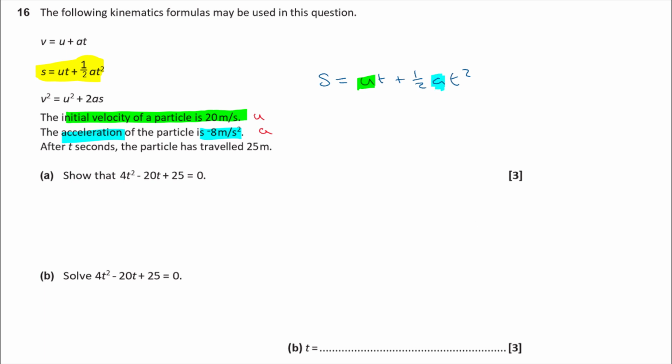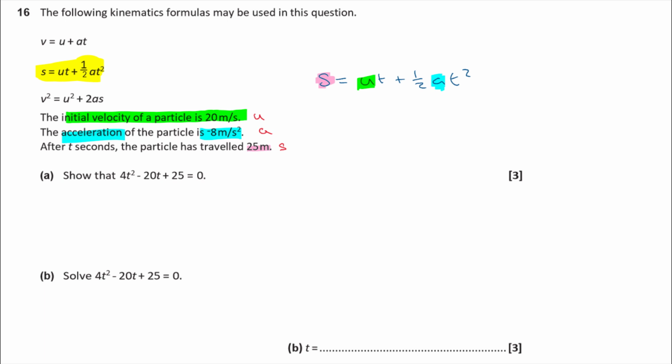And after t seconds, the particle has travelled 25 meters. That is our distance, isn't it? Which in SUVAT formulas is denoted by s. So this is our s, and that then needs to go here. So the only thing we don't know there is t, so that's why we end up with an equation in t.